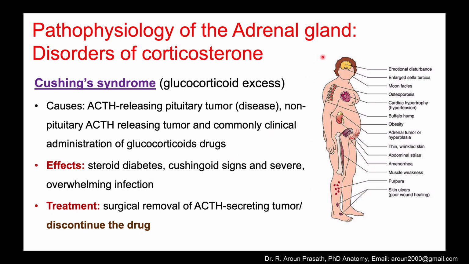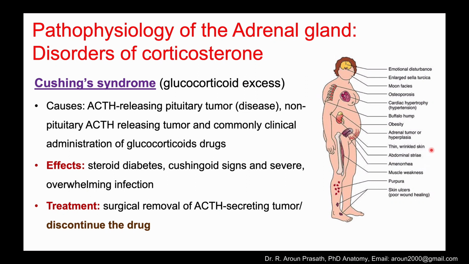If there is Cushing syndrome, there is emotional disturbance, and the sella turcica may be enlarged, that is the pituitary fossa where the pituitary gland is present, and the face will have a round, moon-like appearance, moon face. Then osteoporosis, the weakening of the bones, will be present. Then cardiac hypertrophy, increased tone of the heart muscle, leading to hypertension. Then the back bends, which we call buffalo hump. Then obesity is present. Then there can be hyperplasia, that is increased function of the adrenal cortex cells.